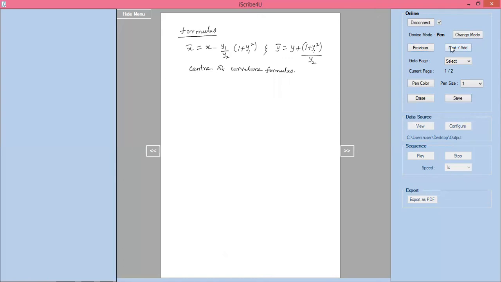Okay. So name of the curve, and next one should be Cartesian form, and next one should be parametric form.